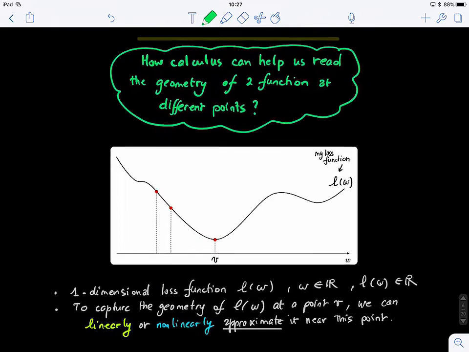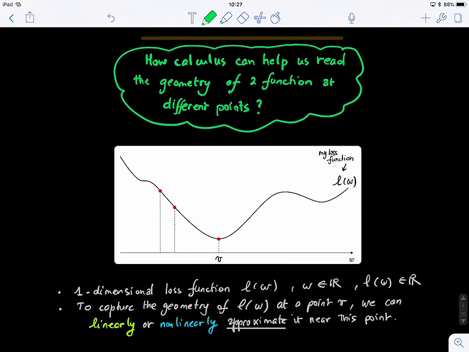Now, this is exactly what you guys said. So calculus can help us read the geometry of a function at different points. And this is amazing because I can give you numbers. I can tell you my loss function at W equals 155 has a slope of 0.5, and you can imagine it in your head without even looking at the curve, okay?